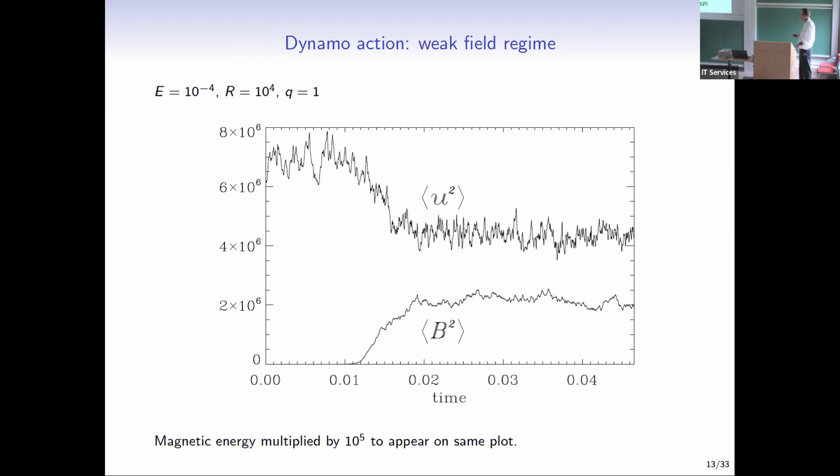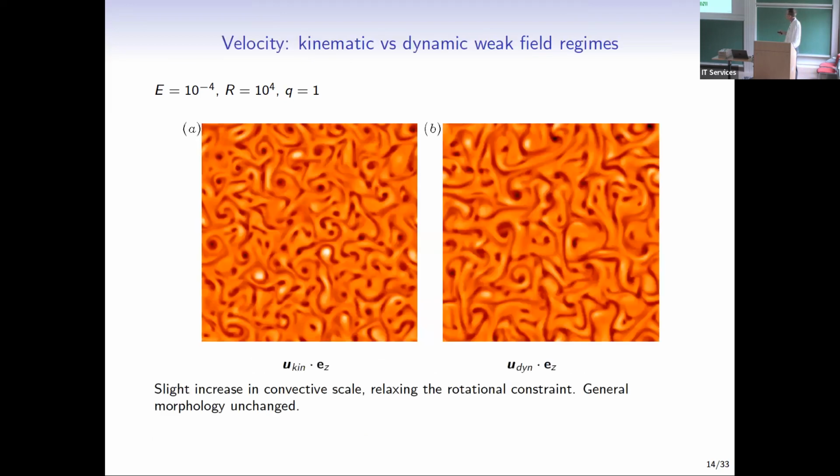In fact, to put them on the same plot, you multiply it by some vast number. So you should not compare that with that, okay? But this measure of u squared decreases as b squared increases.